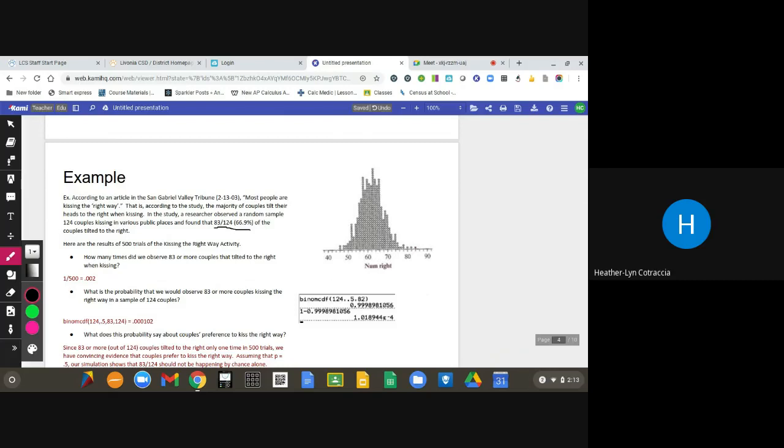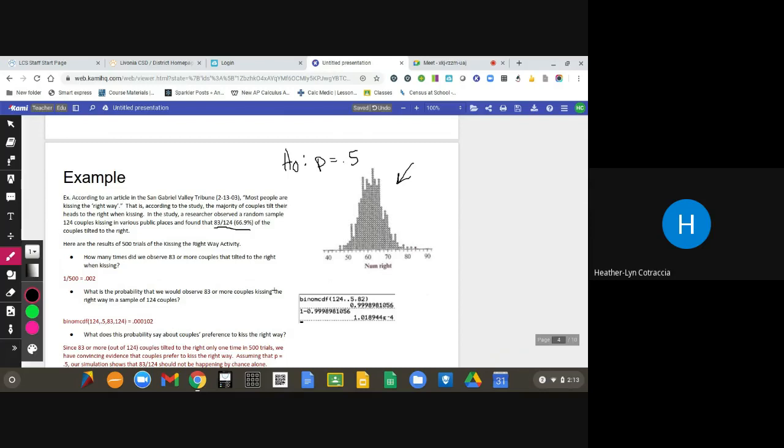So they did a simulation first. If you look over here, all of these dots were trials where I believe they flipped a coin. Because they said, if there's no preference, right? If there's no preference, so for my null hypothesis, my proportion should be 0.5.